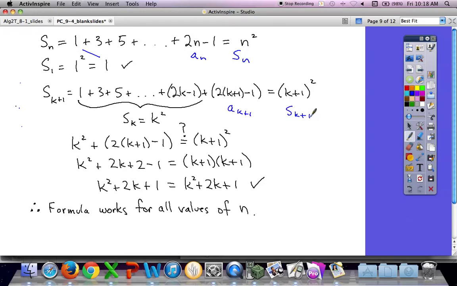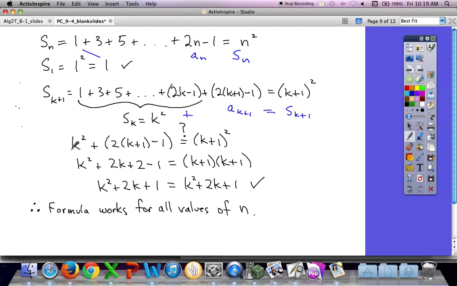So in this step, we're going to assume that this formula works for the first k terms by substituting for all of these terms with k squared, right? That's what S sub k is. If you just put a k in the place of n, S sub k is k squared. So k squared plus a sub k plus 1 equals S sub k plus 1.